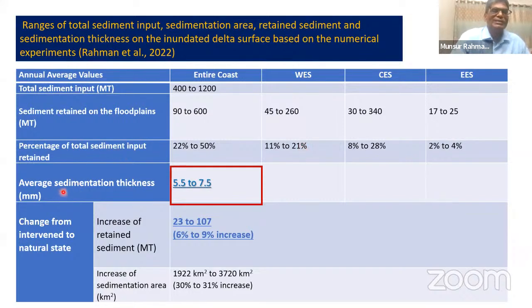And then interesting information that we generated: the average sedimentation thickness over the delta surface ranges from 5.5 to 7.5 millimeter per year. This is the first indicative result. And then the retained sediment, we can also increase to some extent.